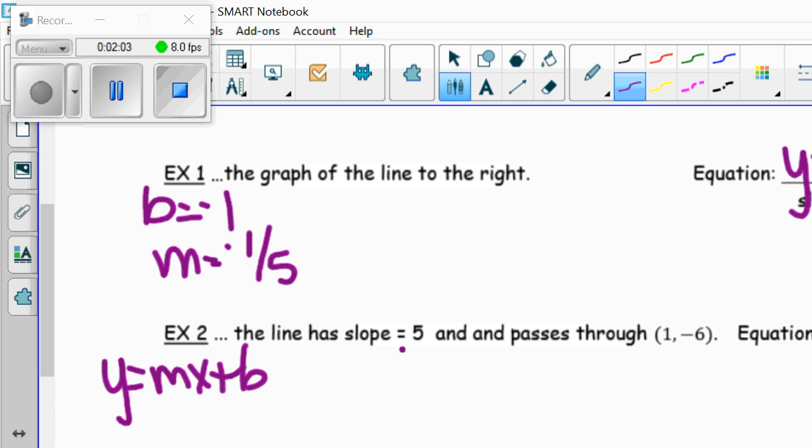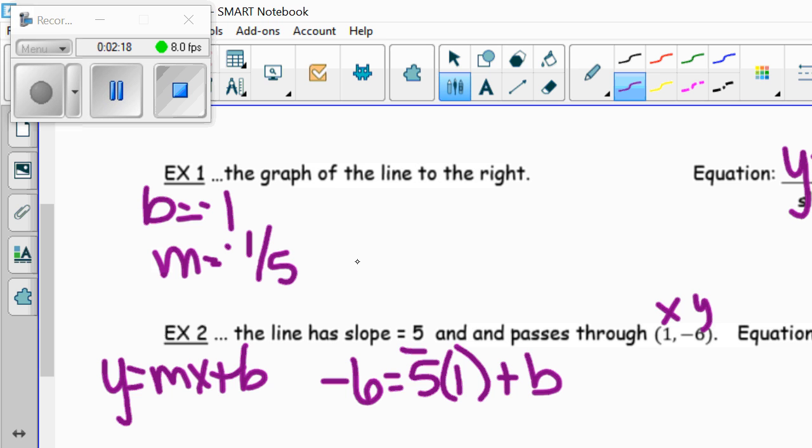I have my m, and I have an x and a y, and I'm going to plug in to find b. So in place of y, I'm going to plug in -6 = 5, my x here is 1, and then plus b. So I get -6 = 5 + b. I'm going to solve for b, so subtract 5 from both sides. And b is equal to -11.